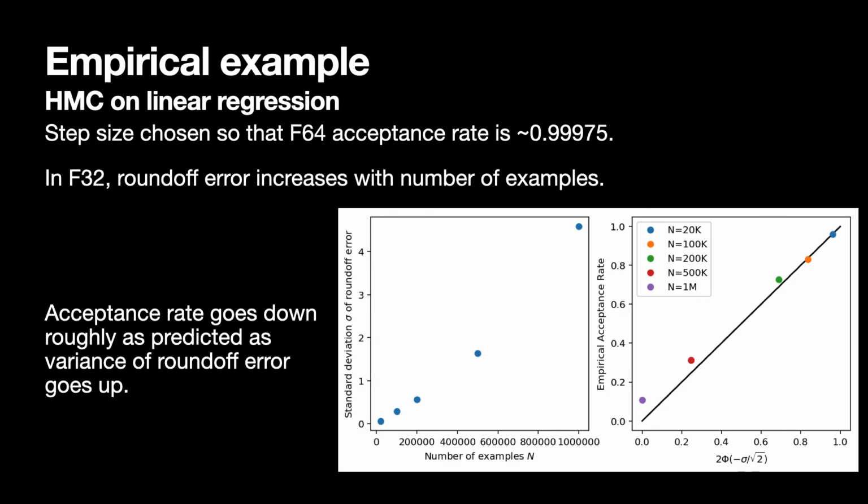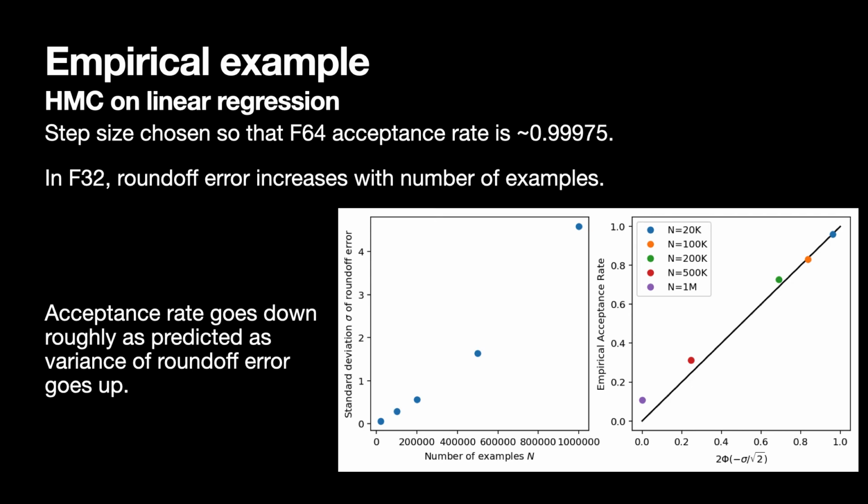So here's an empirical example coming back to that HMC on linear regression in a little bit more detail. Here, this is just a bunch of different synthetic data sets of different sizes. Step size chosen very conservatively so that the acceptance rate is extremely high in float 64. And as we might expect, in float 32, the round-off error does increase pretty much linearly with the number of examples because we're just adding more and more terms to that log density.